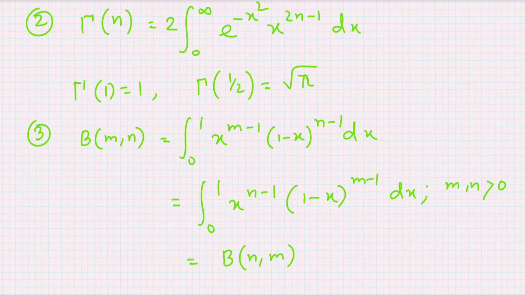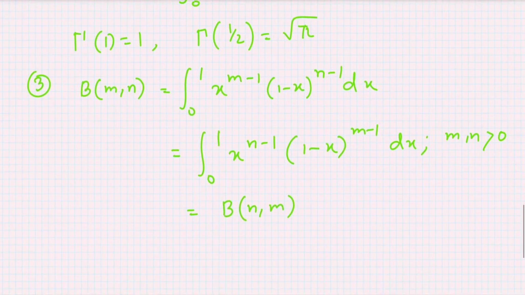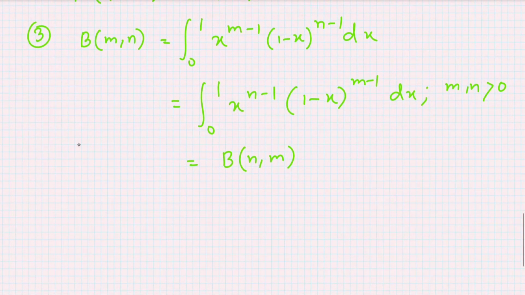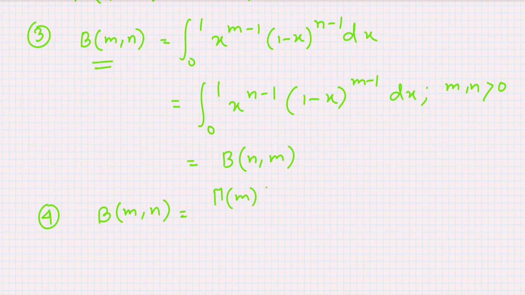Therefore the definition shows that the beta function is symmetric, and the relation between the beta function and gamma function is given by beta(m,n) equal to gamma m gamma n by gamma (m plus n).